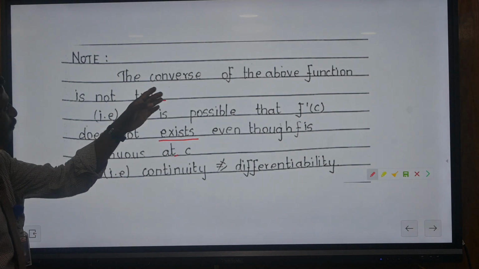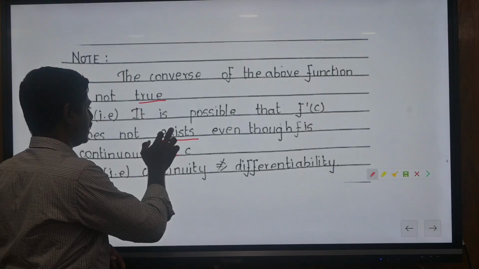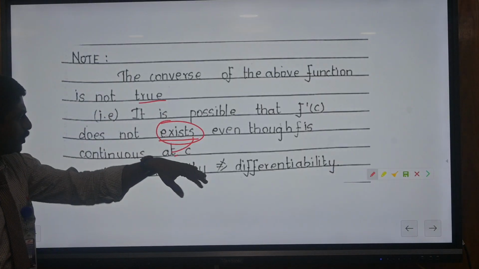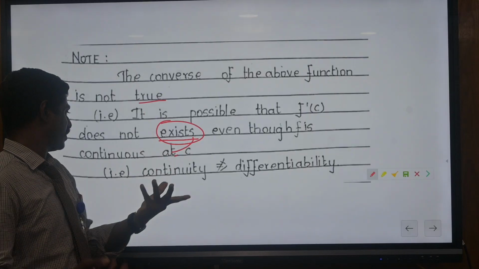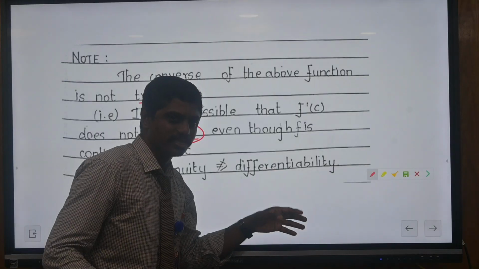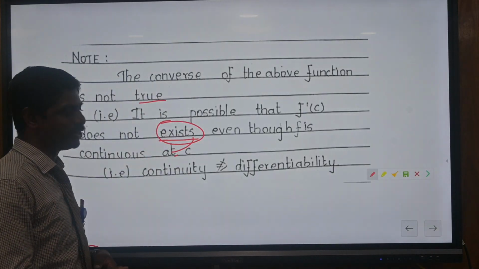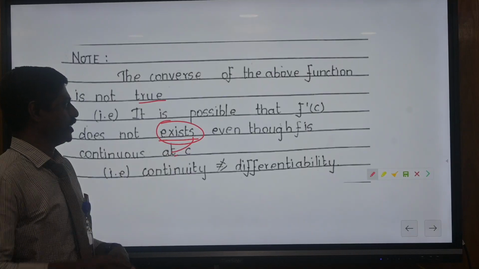It is possible that f dash of C does not exist even though f is continuous. Therefore we say continuity does not give differentiability. Using continuity we cannot say differentiability. You can say differentiability gives continuity.